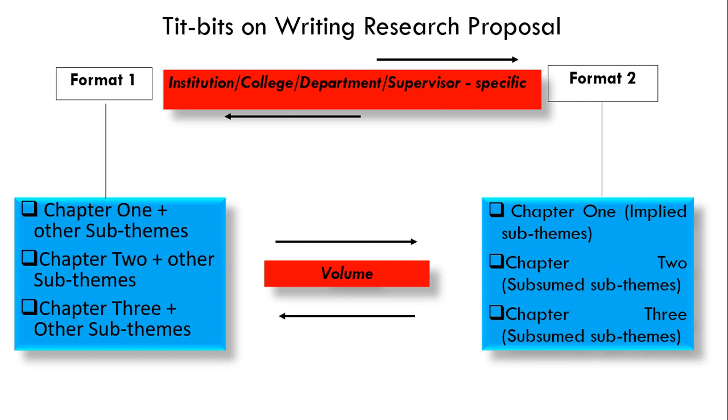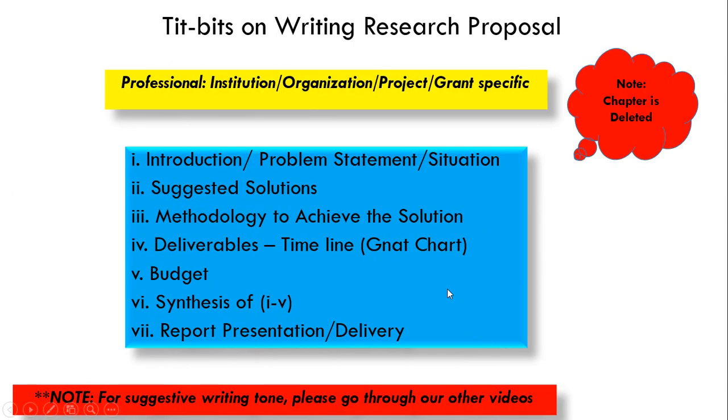Format 1 will entail that you are writing your full thesis or your dissertation or your project from chapter 1 to chapter 3. While format 2 rather will only entail that you give the synopsis of what will be contained in chapter 1, chapter 2, and chapter 3, and there will be no need for expanding, going forward as the case may be.